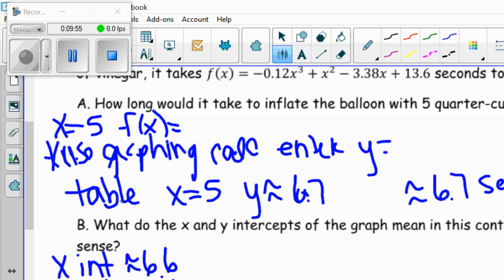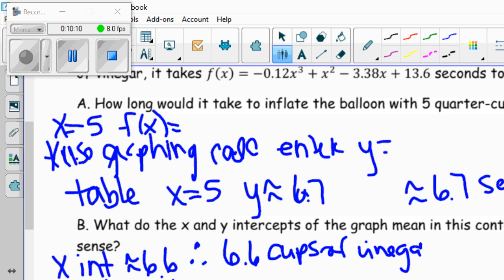And so what do these mean? The x-intercept, remember the x is how many quarter cups they're using. And so this says 6.6 quarter cups or cups of vinegar are used. The balloon inflates at 0 seconds because my y is 0.